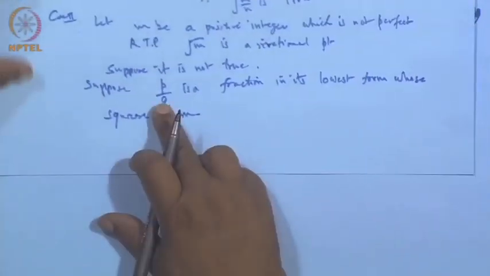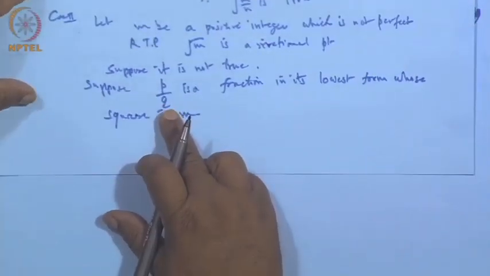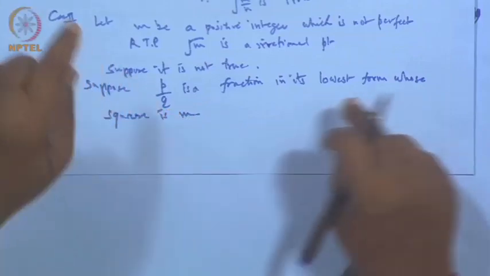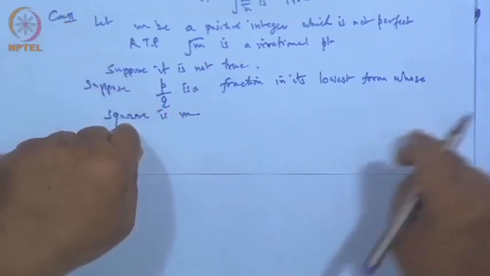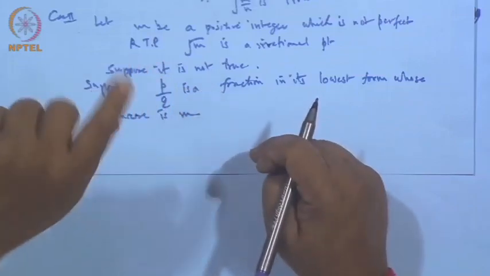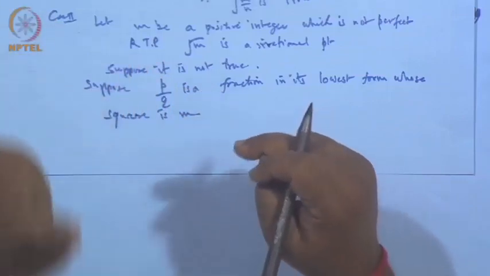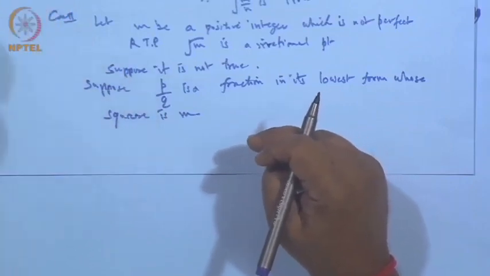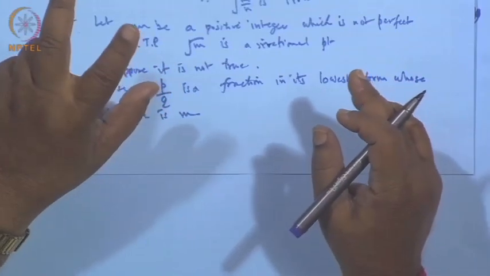Now, since p by q is a rational number, there are two points lambda and lambda plus 1 which can enclose p by q. p by q will lie between two integers, because for any rational number you choose, you can always identify the two consecutive integers between which it lies.